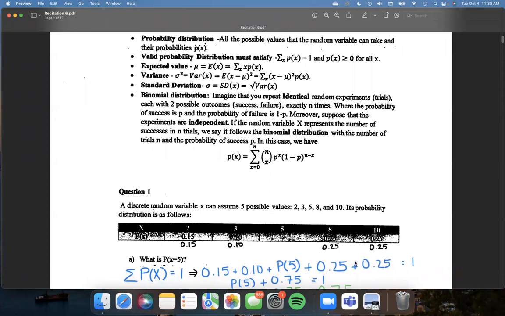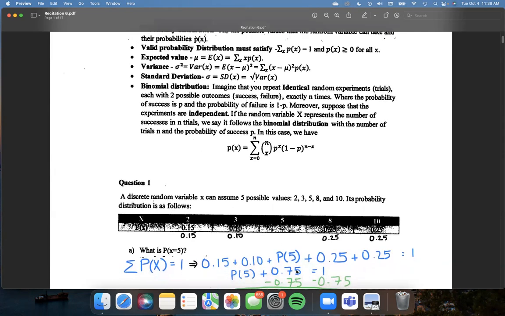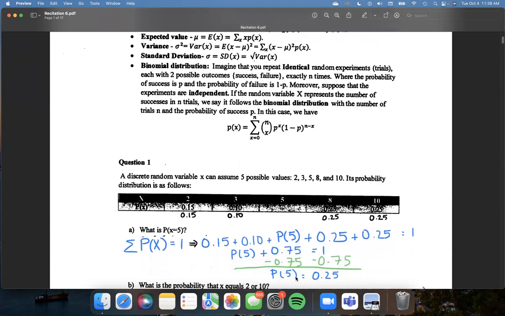When we add up all of the numbers we are given, it equals 0.75. So we have the probability of X equal 5 plus 0.75 equals 1. If we solve for it, we subtract 0.75 on both sides, and we get that the probability of X equals 5 is 0.25.